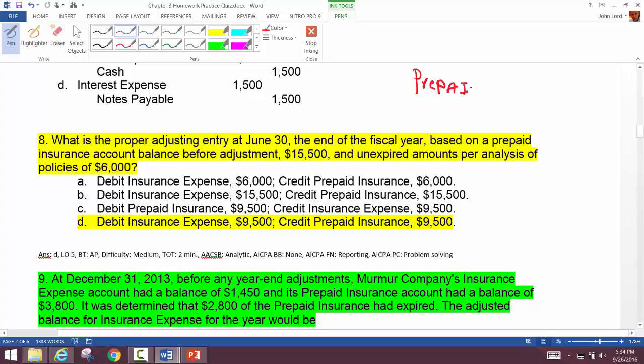Prepaid insurance. It's an asset. For how much? $15,500. Credit cash for $15,500.